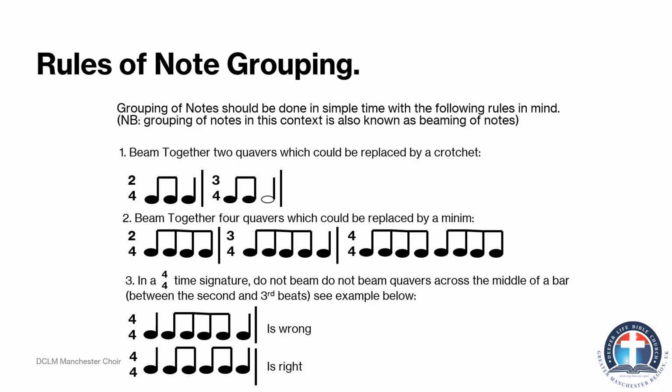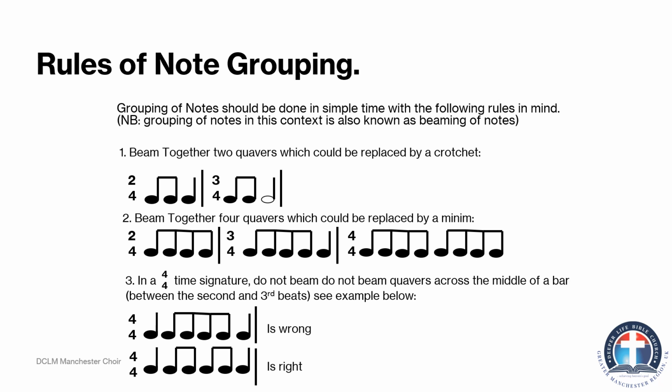Two quavers mean one crotchet beat. So when you have two quavers in a bar and the time signature is 2/4, you are allowed to beam the two quavers together instead of having them stand alone separately. It looks more tidy when you beam the two quavers together.